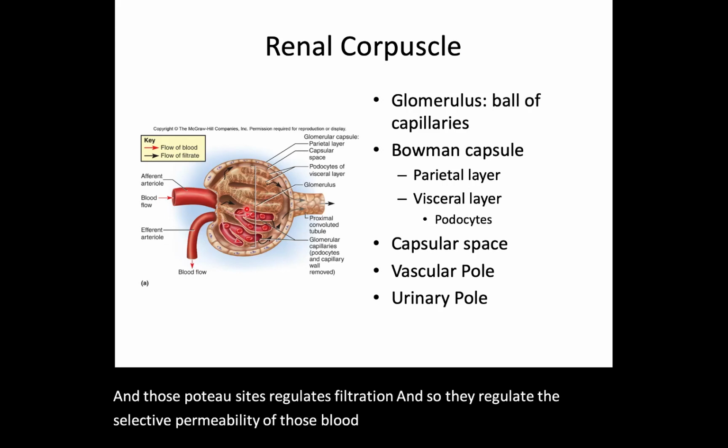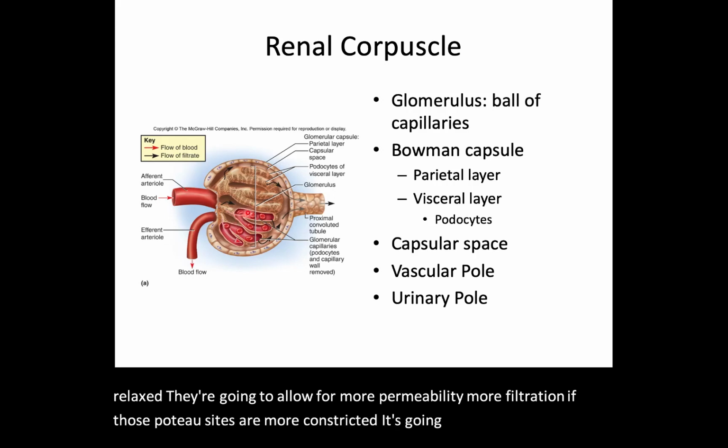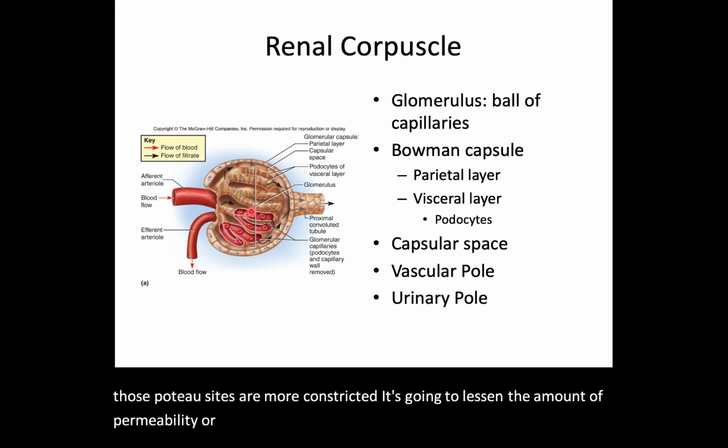In other words, if they are relaxed, they allow more permeability and more filtration. If those podocytes are more constricted, it lessens the permeability and reduces the amount of filtering that takes place within the glomerulus.